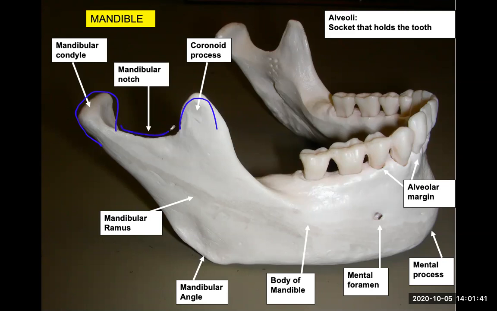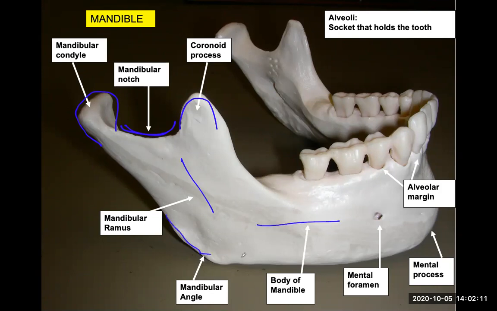The mandibular notch is this little dent right in between. And then the anterior structure is called the coronoid process. Be careful with these words. We're going to see another word called coracoid process, so make sure not to mistake them. The spelling does count. This portion of the bone is called the mandibular ramus, and this portion is called the mandibular body.